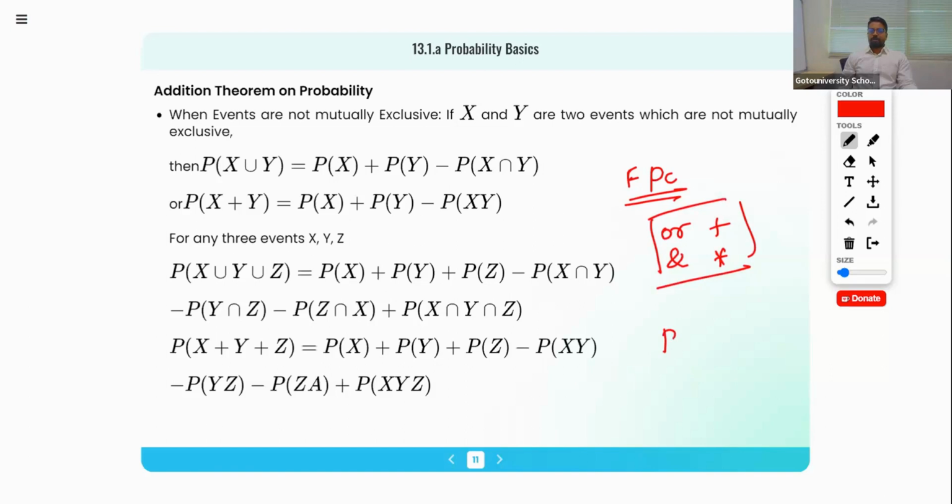If you're talking about probability of A or B, we can also use the symbol union. Can you recall in sets what we do?